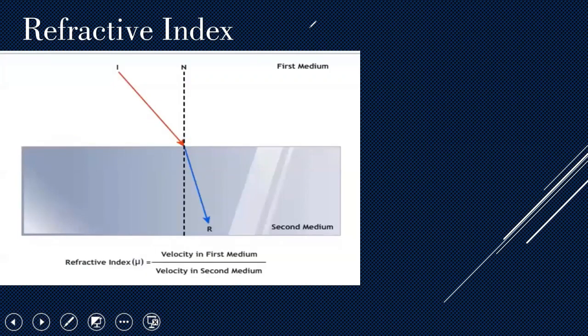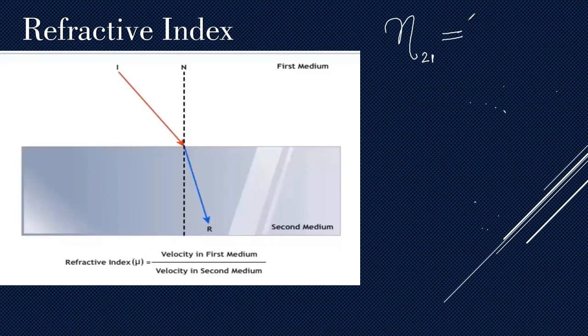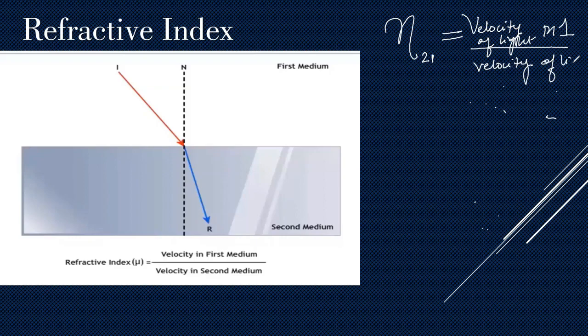See now, the first medium is air, and the second medium they have taken is glass. So we have derived a relationship which tells us the refractive index of medium 2 with respect to 1 will always be equal to the velocity of light in medium 1 upon the velocity of light in medium 2.